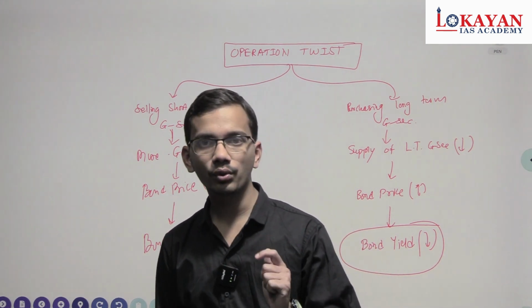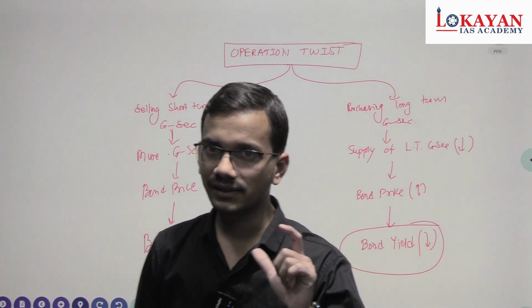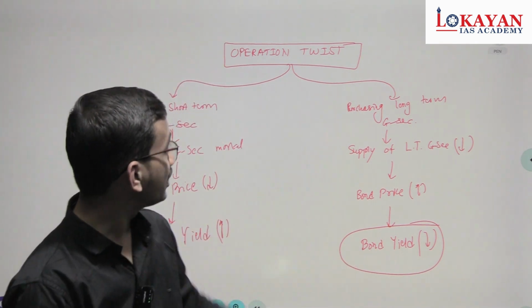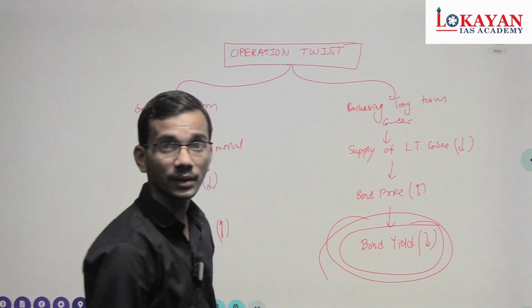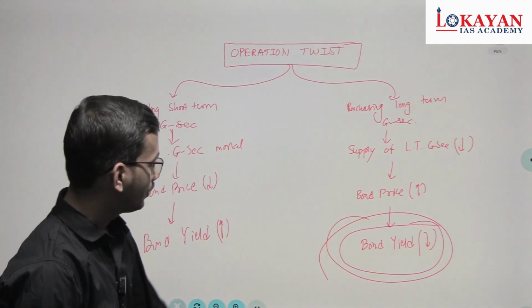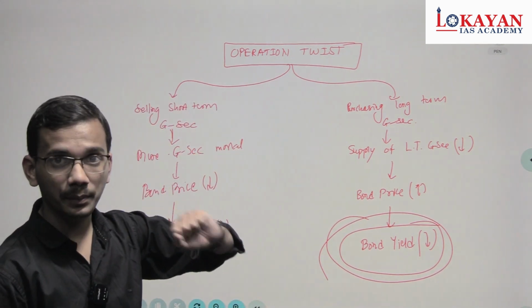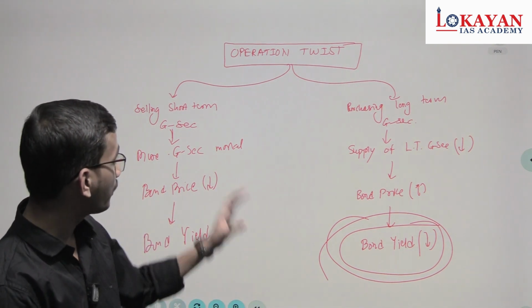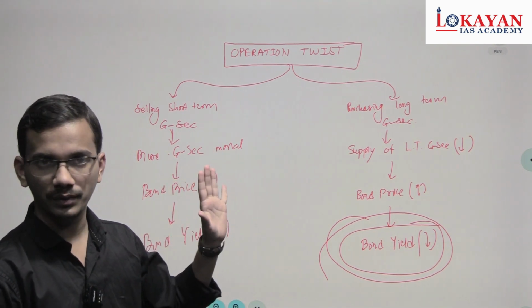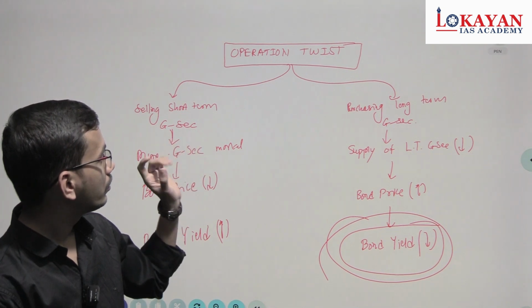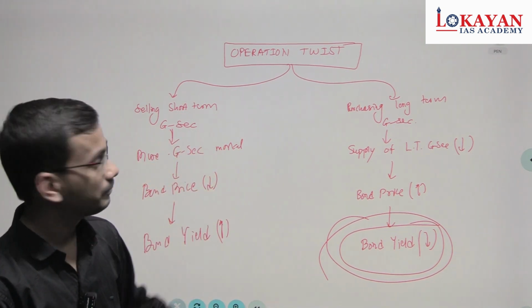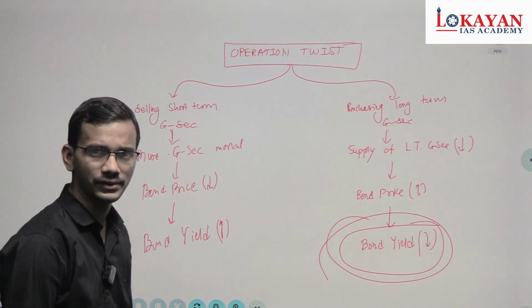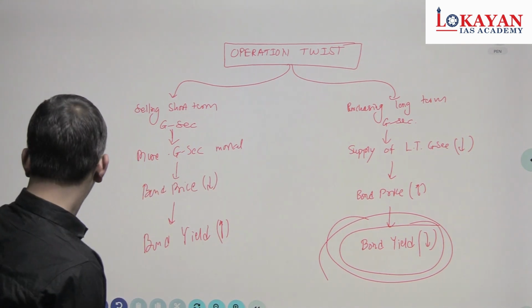Because I had told you that the long-term interest rate on loans in the market is mainly determined by the long-term government security yield. That is the core purpose of operation twist. So remember this. There is a high possibility UPSC will ask a question on operation twist. Okay.